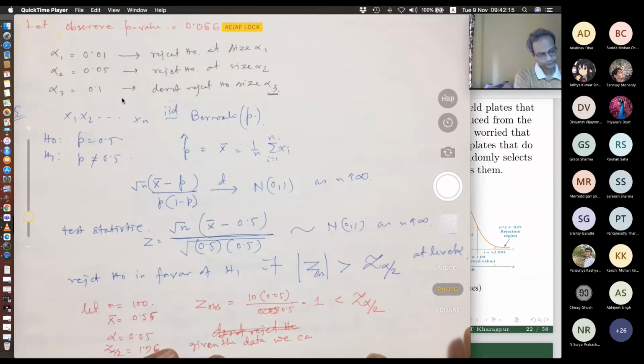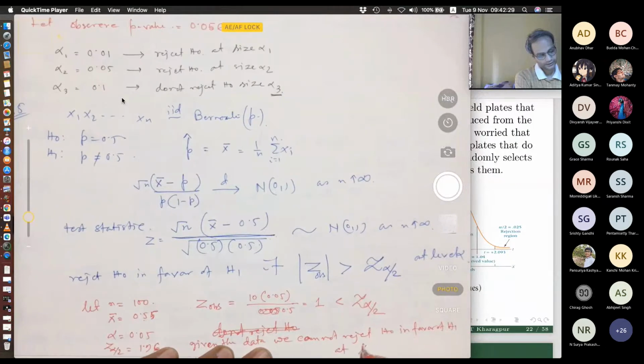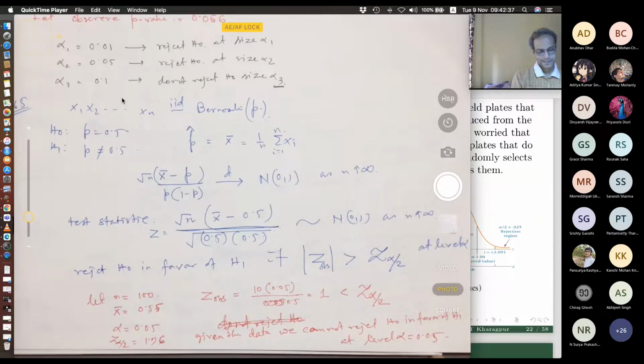But we cannot reject h naught in favor of h1 at level alpha. That's it. Similarly, for Poisson distribution, the example I have given, the rate of hitting a random pop-up advertisement, you can model it with Poisson distribution and you can do a test for lambda. There also you need to take care of large sample.